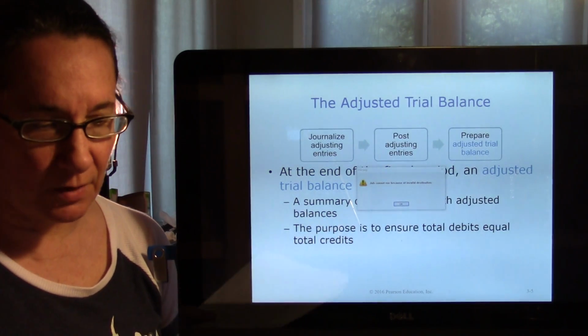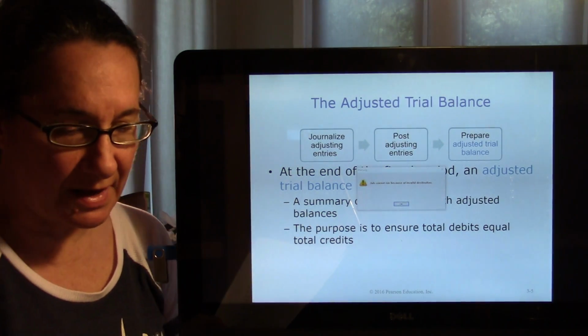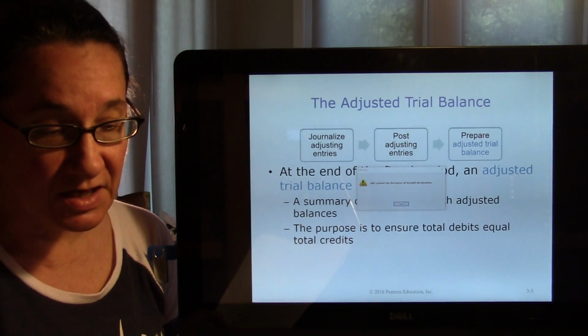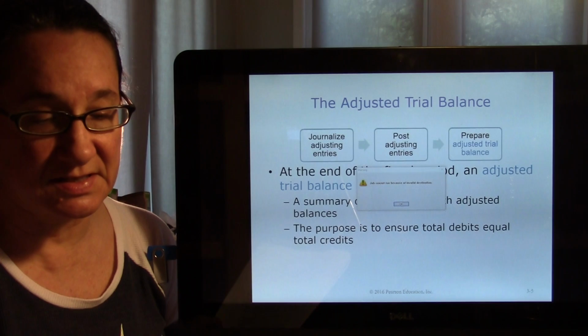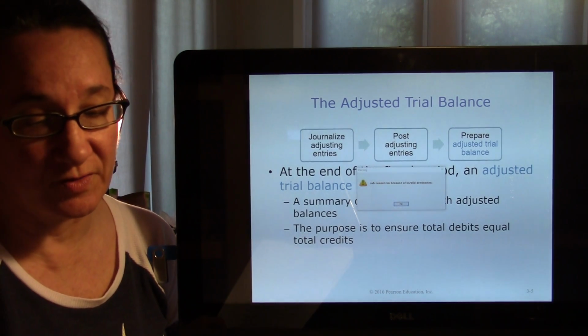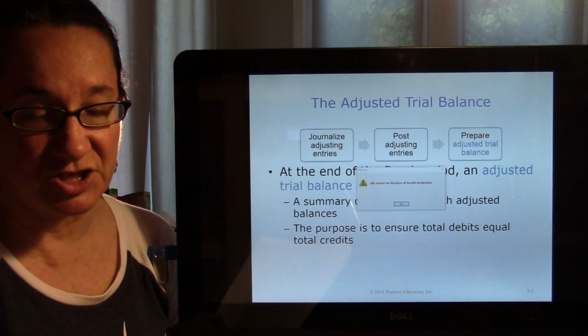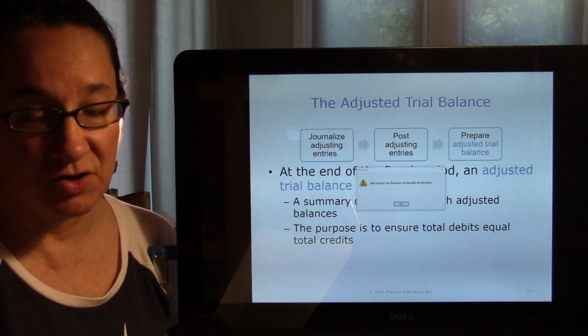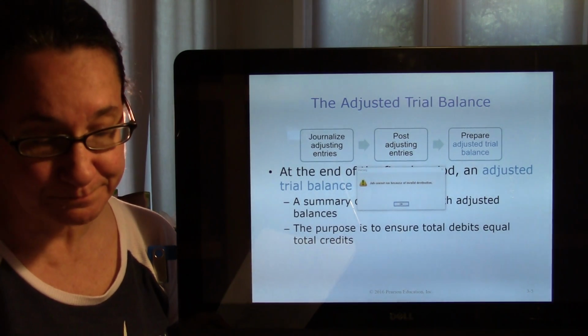All right, so the adjusted trial balance includes all of the adjusting journal entries associated with deferred expenses, deferred revenues, accrued expenses, and accrued revenues. The purpose of the adjusted trial balance is to ensure the debits and credits are equal.